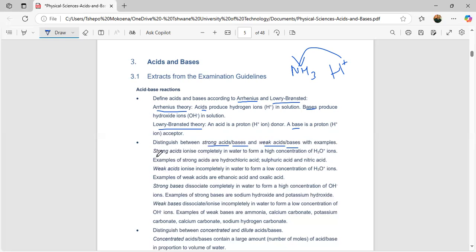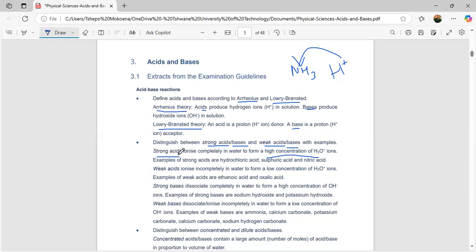Now, we say that strong acids ionize completely in water to form a high concentration of H3O+ ions, right? So obviously, this is a strong acid and it will ionize into its ions.